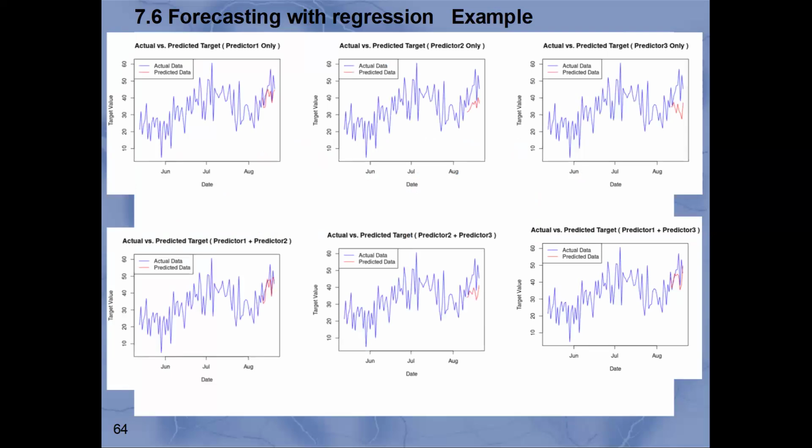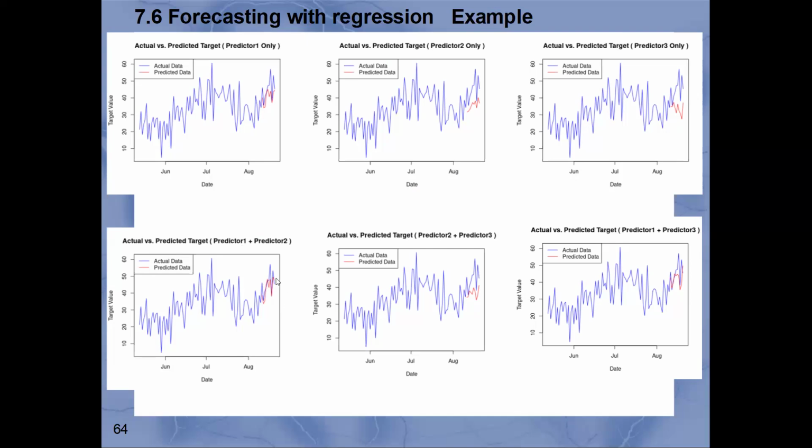So we can actually look at the prediction. This is using just predictor 1, and this is using just predictor 2, and this is using just predictor 3. Using just predictor 1, it probably did the best of them all. Then if we look at 1 and 2 and 2 and 3 and 1 and 3, once again, we're just using those predictors to make the model.